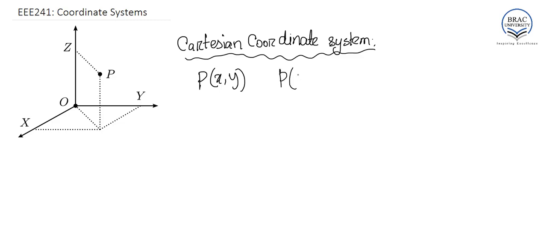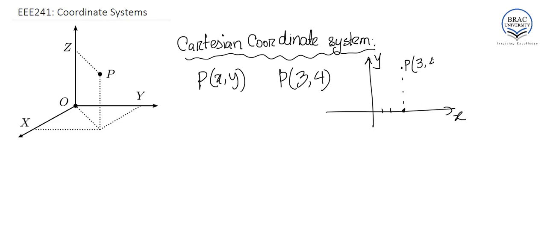Like let's say P(3, 4). It means going 3 units towards the x direction, then 4 units along the y direction to get to the point, and this is called (3, 4). So this is the Cartesian coordinate system that we're familiar with in 2D space.